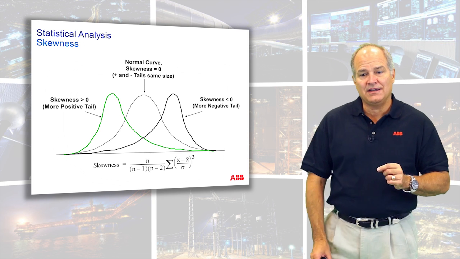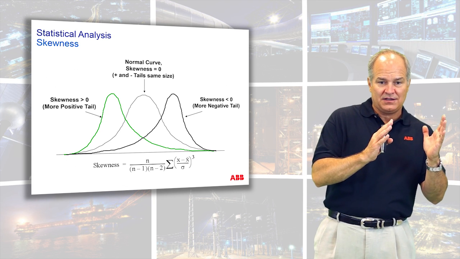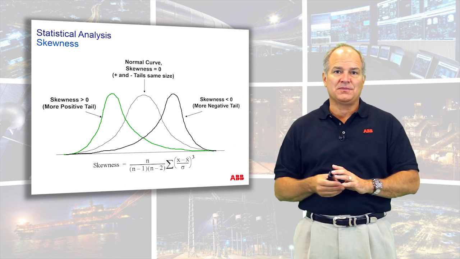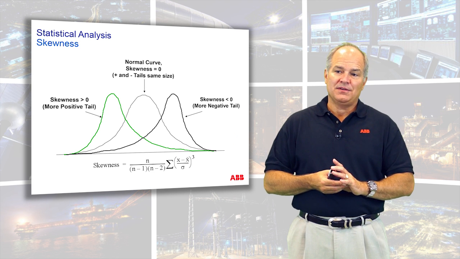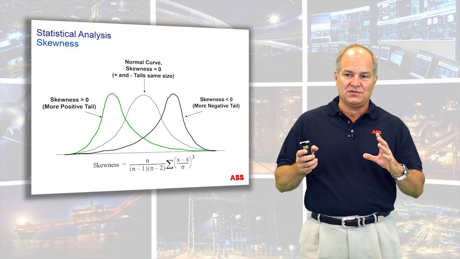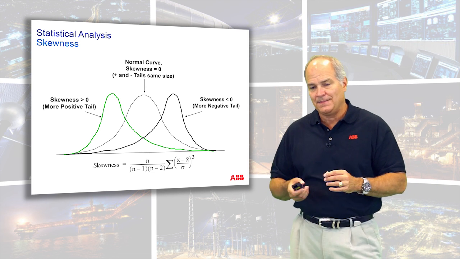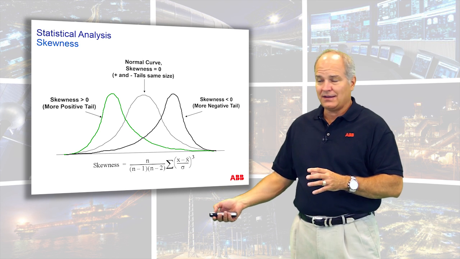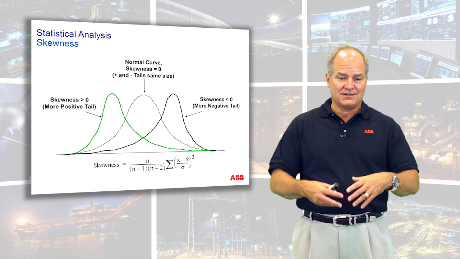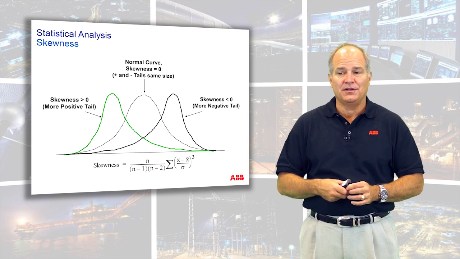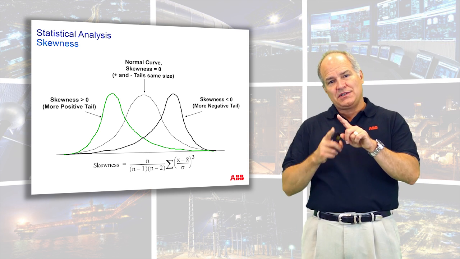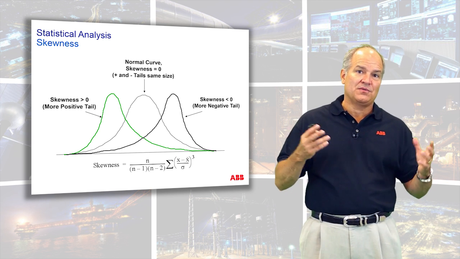Skewness is a definition of how the data is shifted. I'll show you some examples here in just a minute. But skewness always gets me confused as to whether it's plus or minus. The math is a big number. I wouldn't worry about the number yet, because there are a lot of algorithms that just calculate it for you. What we look at is which tail of the bell-shaped curve is longer.